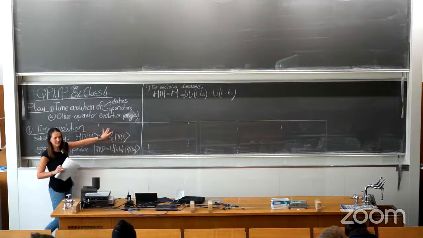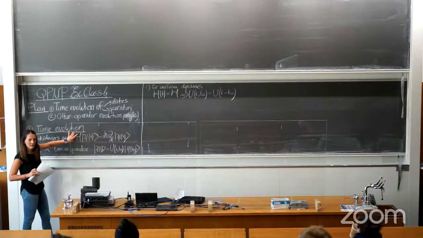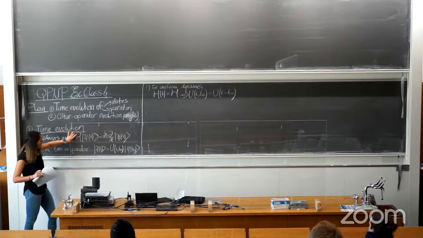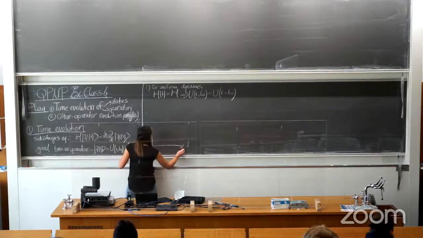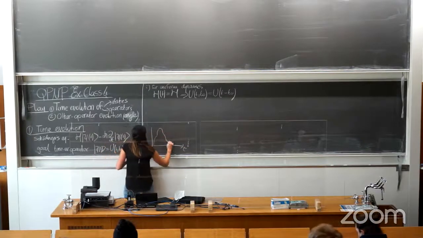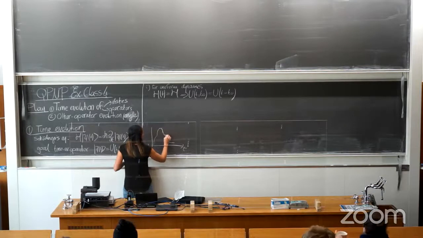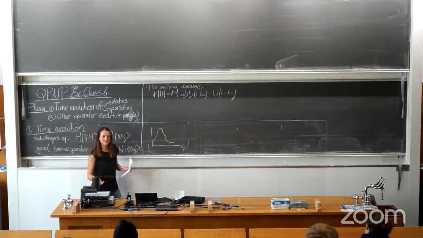Is that your question? Exactly. Yes. And a time derivative, if you think in 1D, and you have this function, the steepness of the function is the time derivative. So this is exactly how the state changes.